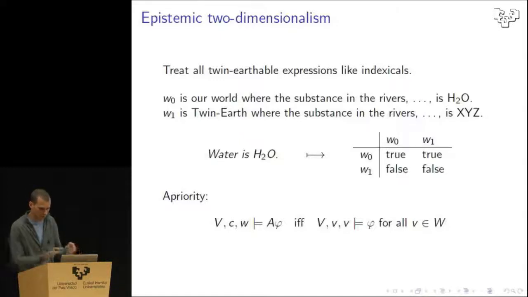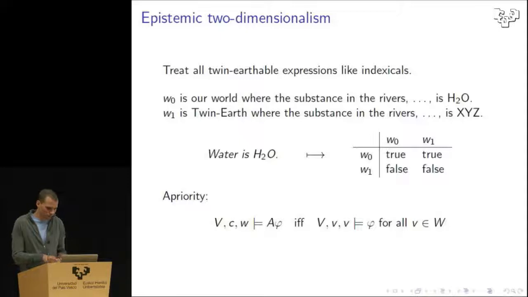And the ambition of this interpretation of the framework is to use the two-dimensional modal logic to explain what is going on when we have a necessary a posteriori truth. As an example, I have here the sentence, water is H2O, and that's, as you I guess know, a necessary truth, so it's considered to be necessarily true. But there's still a sense in which that sentence could have been false, and then people would say it's not a priori, but only a posteriori true.